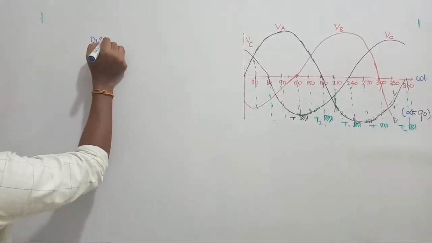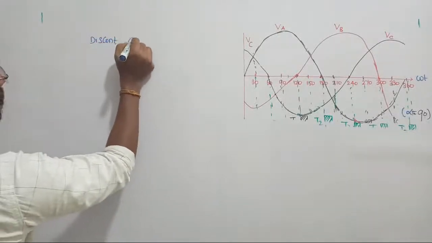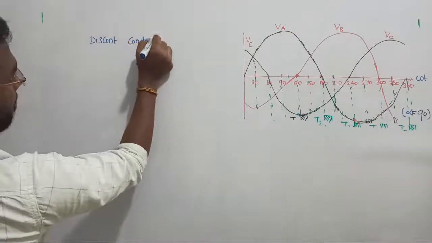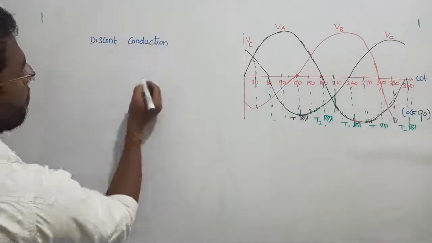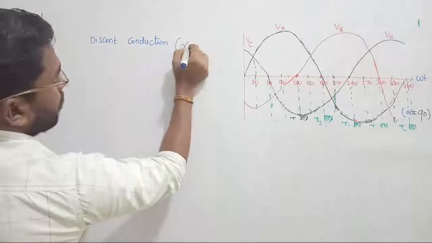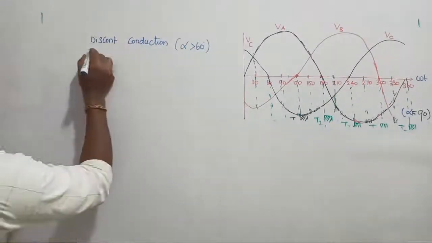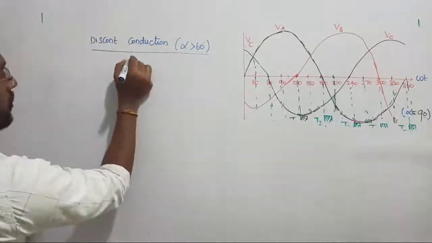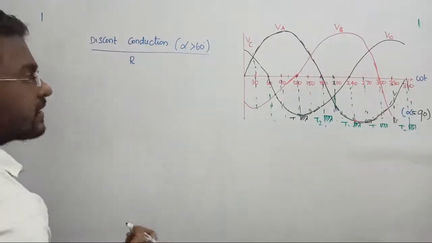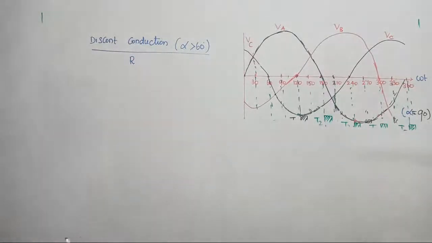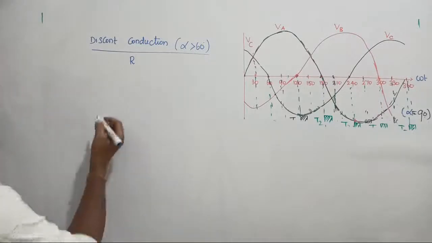So when I am looking for discontinuous conduction, alpha becomes greater than 60 degree, right? If alpha is greater than 60 degree, it is only for resistive type of load, that is voltage strip type of loads.